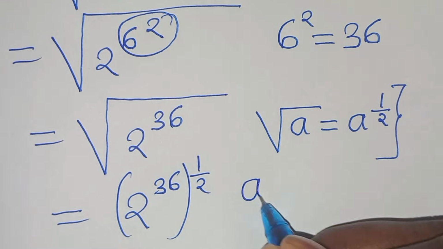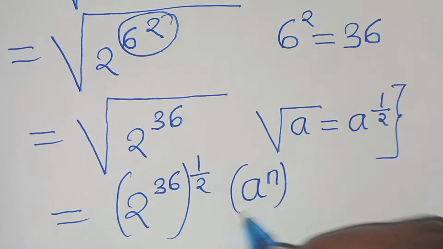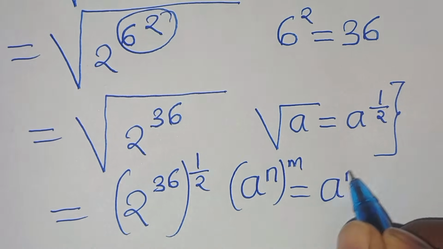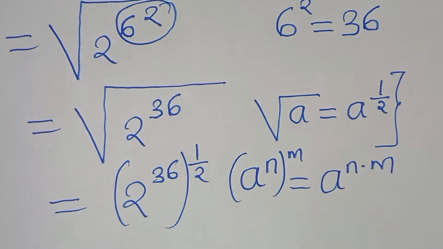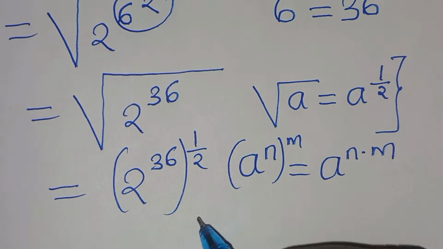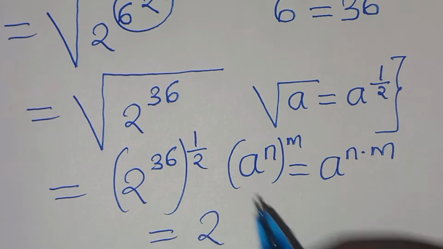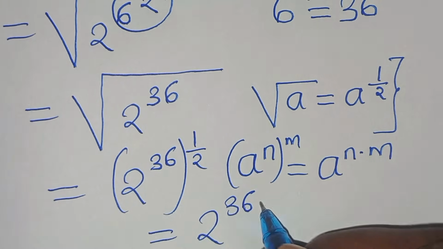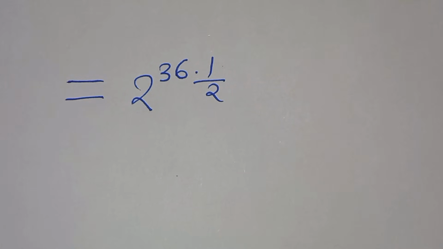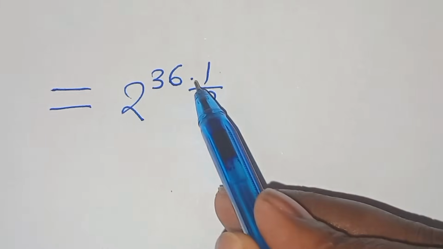This is in the form of a to the power of n raised to the power of m, which we can express as a to the power of n multiplied by m. Applying this exponent property, here we have 2 to the power of 36 multiplied by half.